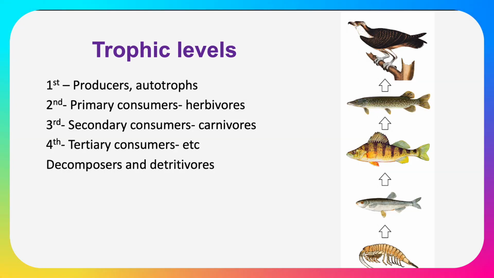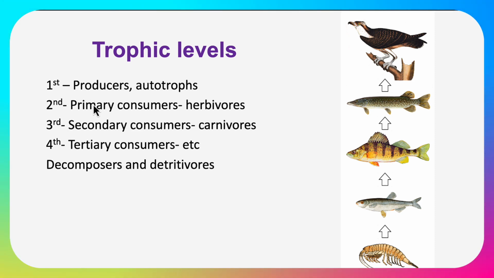Alright, so first of all, with trophic levels, one way that we can describe the different levels of a food chain or a food web is through trophic levels. And the first one is called the producers, or the autotrophs. These are the ones that convert energy from the sun, light energy, into chemical energy.